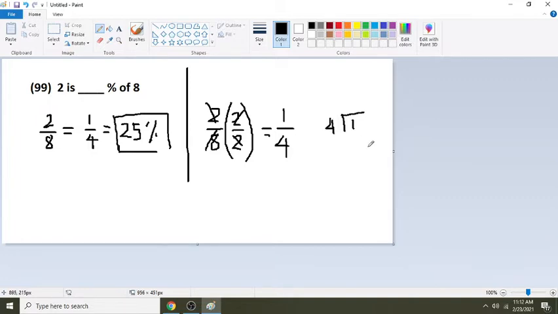Right? That would be 2, 8. 10 minus 8, that's 2. 20 divided by 4, that's 5.